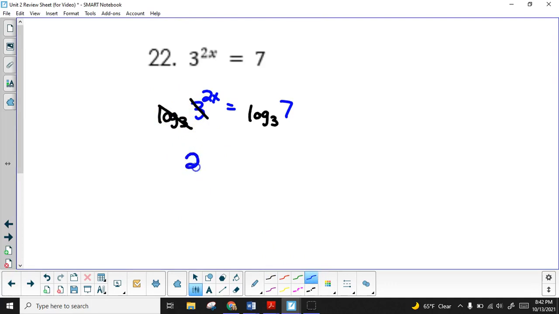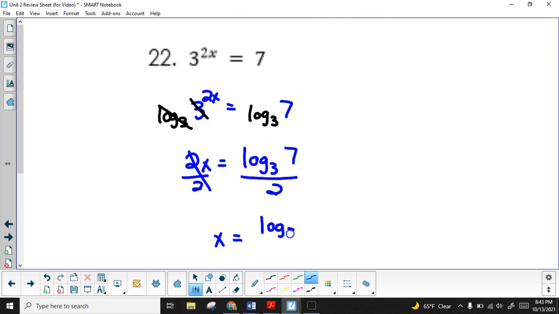What we're left with now is 2x equals the log base 3 of 7. And to get x by itself, we'll divide by 2. So x equals the log base 3 of 7 divided by 2. There is a decimal value for that. We do not need to do anything else. That is a simplified answer.